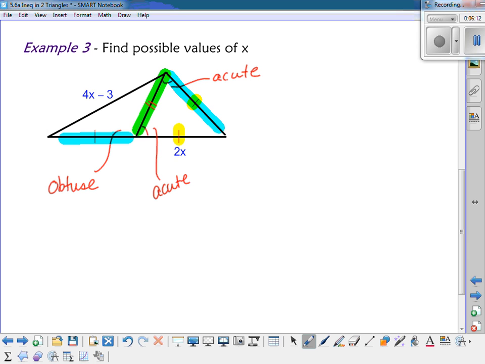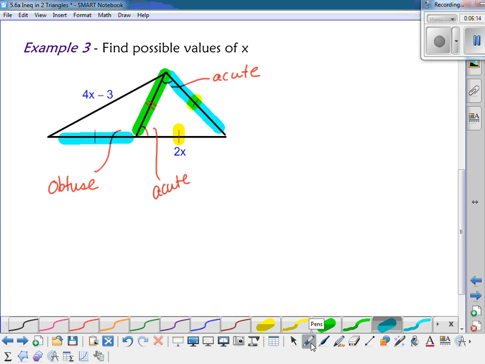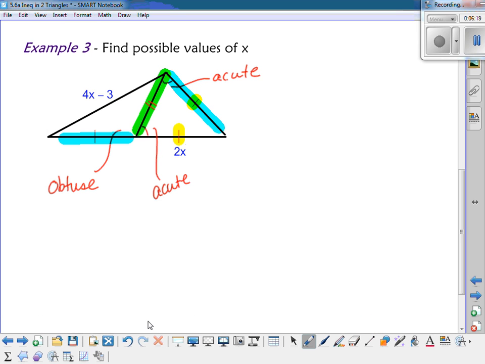The reason I chose that is because of where they've given us the measures for x. X is right here. I need to look at the angle opposite that, and then I have another expression with x that's opposite that angle. So now I have everything I need.